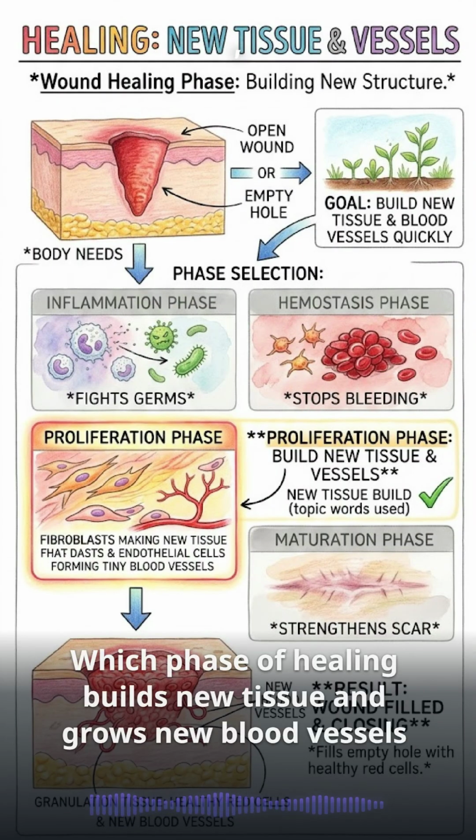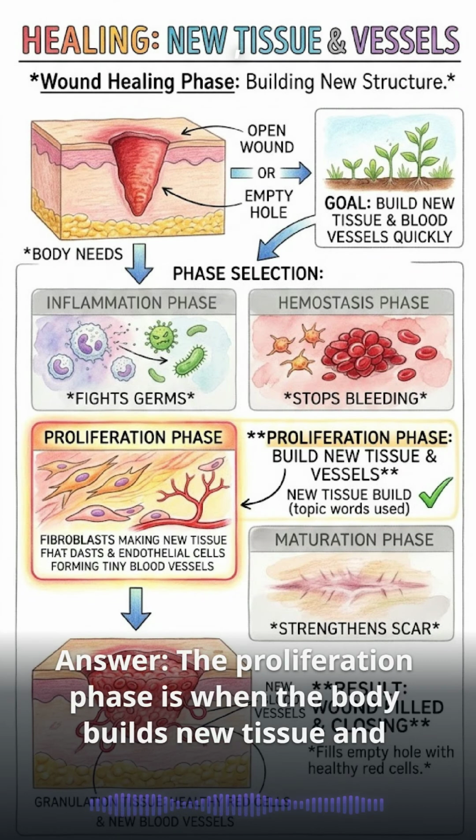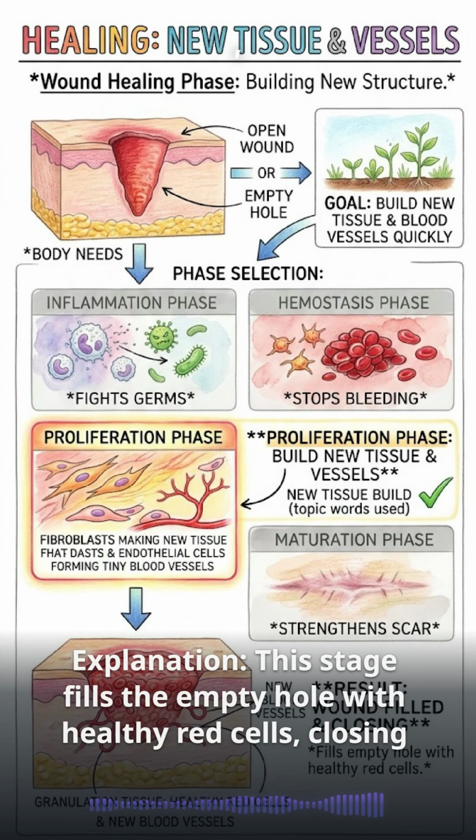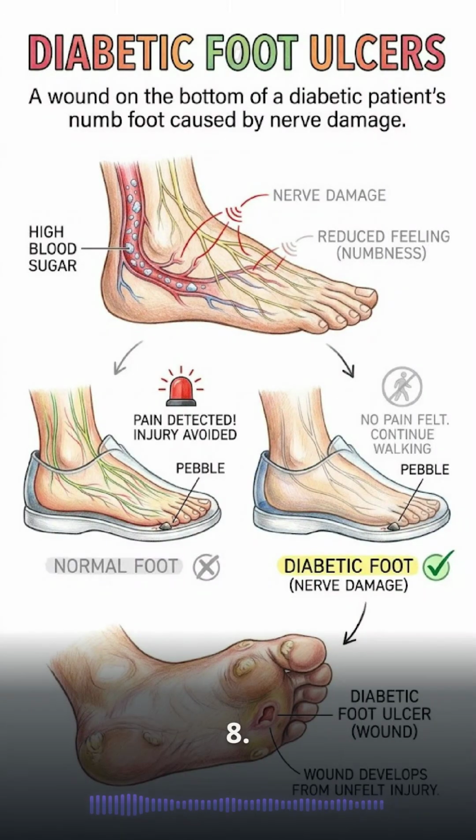7. Which phase of healing builds new tissue and grows new blood vessels quickly? The proliferation phase is when the body builds new tissue and blood vessels. This stage fills the empty hole with healthy red cells, closing it up. 8.